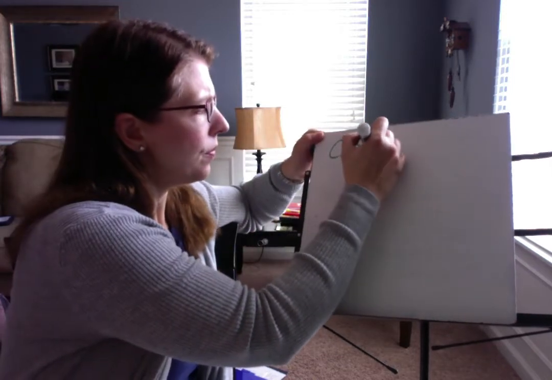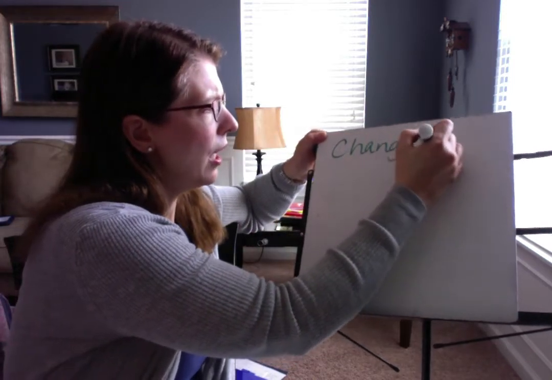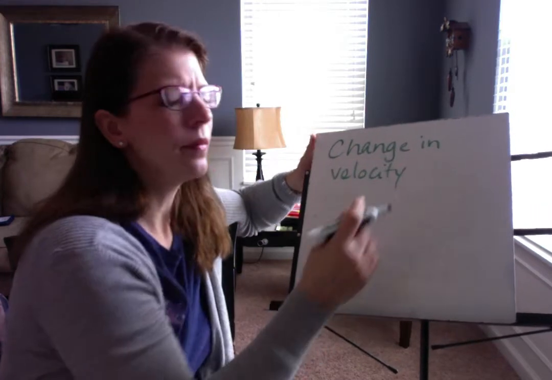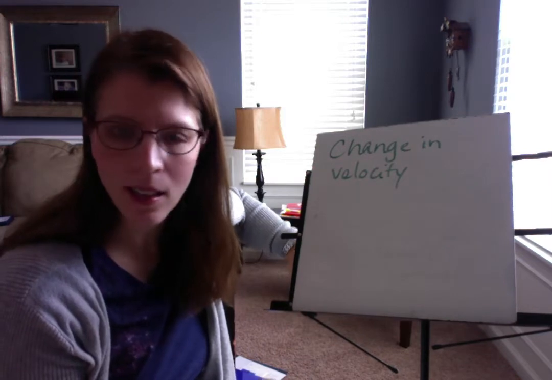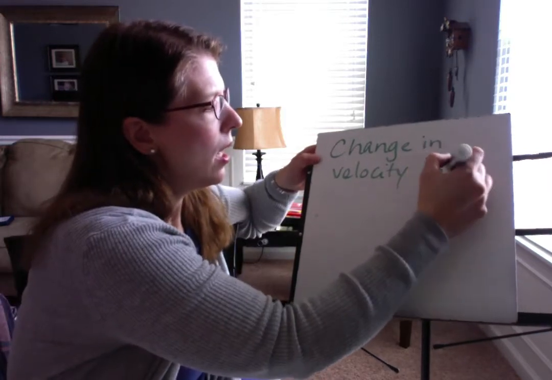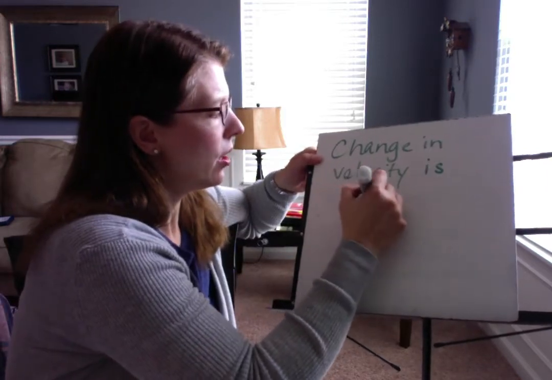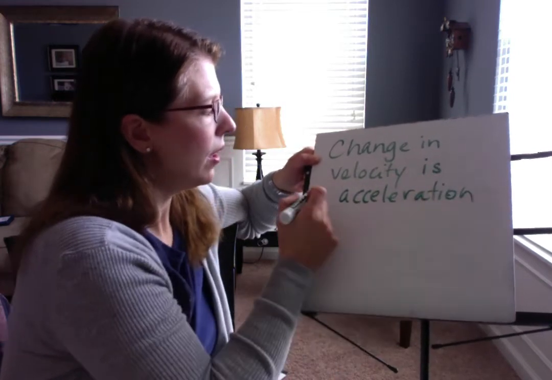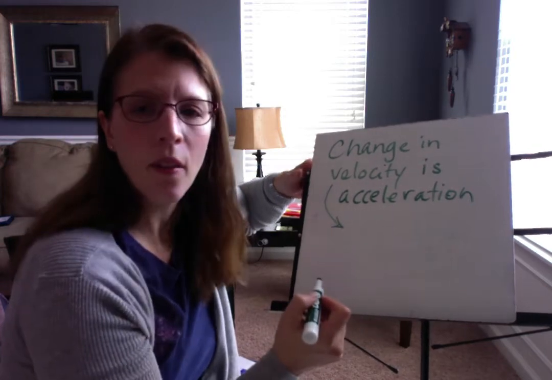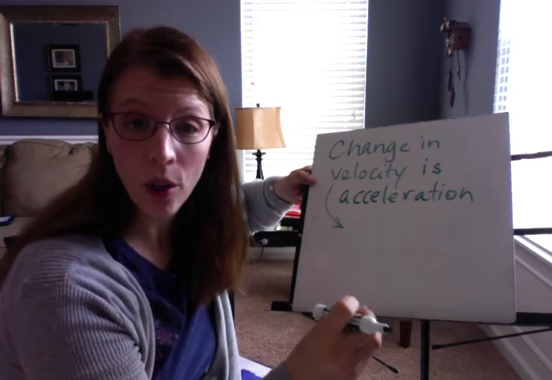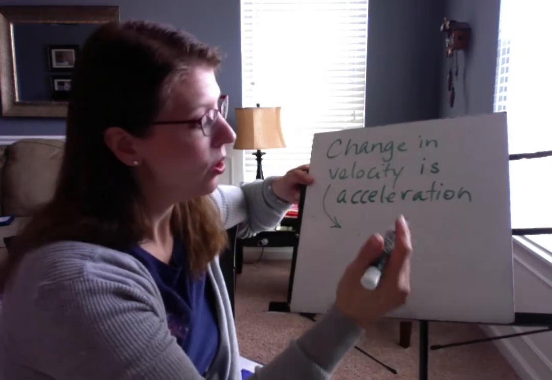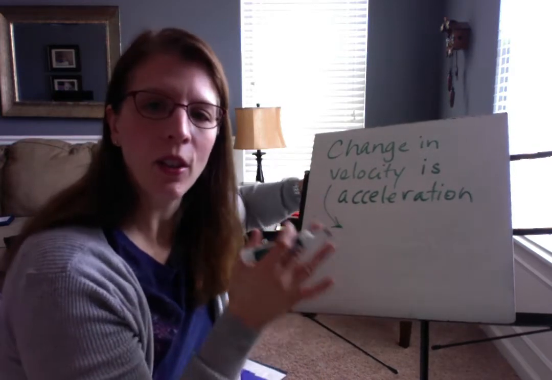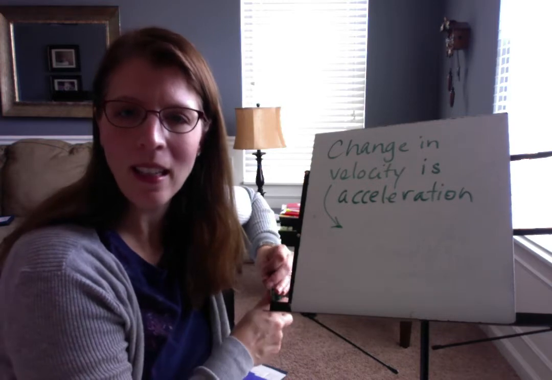So change in velocity is acceleration. Oh, I didn't define velocity, did I? Okay, let me go back. Velocity is simply the vector word for speed. So in daily life, you might use those two words interchangeably.